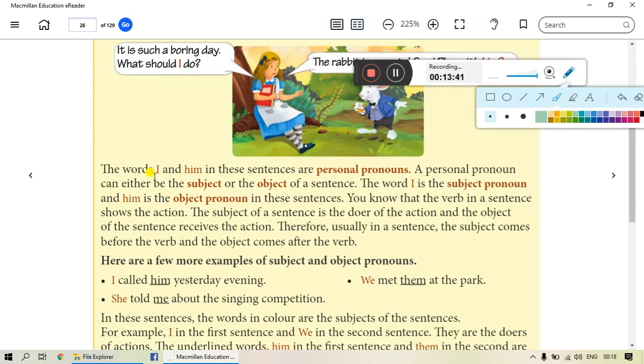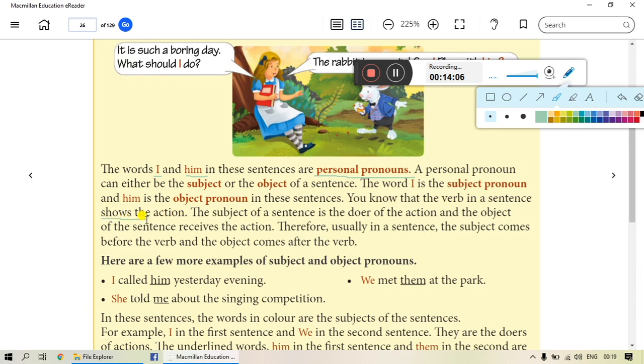The words I and him in these sentences are personal pronouns. A personal pronoun can either be the subject or the object of a sentence. The word I is the subject pronoun and him is the object pronoun in these sentences. You know that the verb in a sentence shows the action.